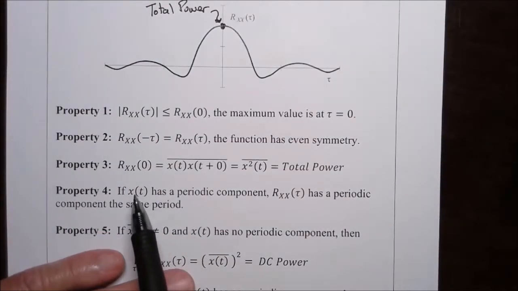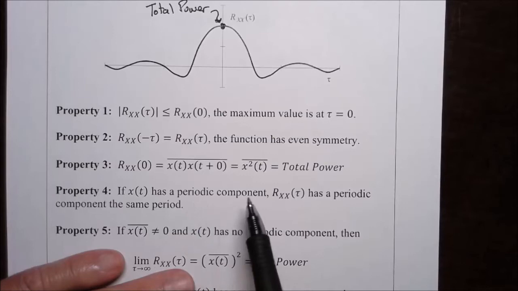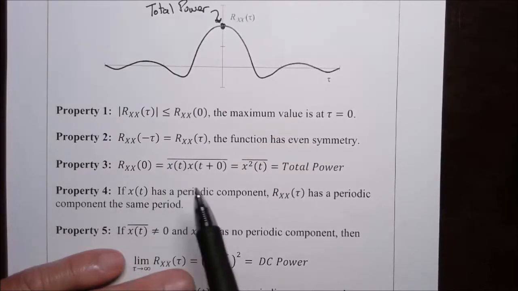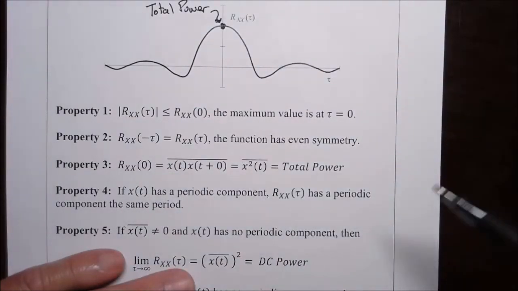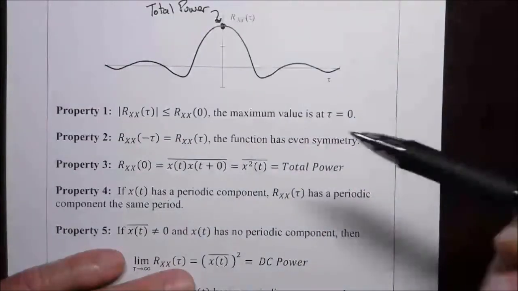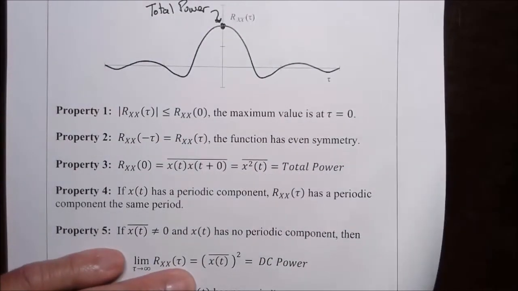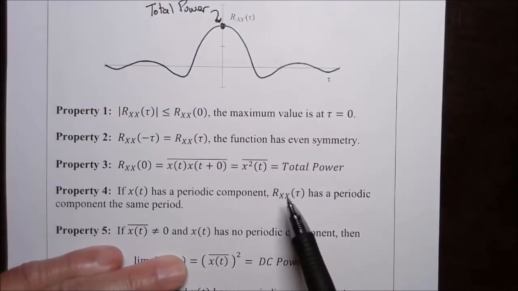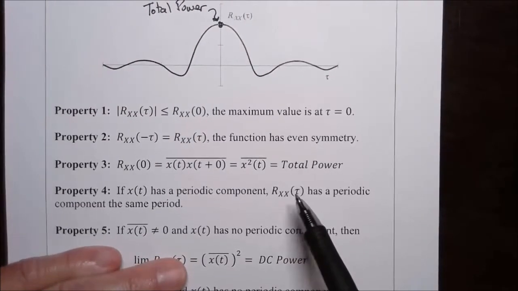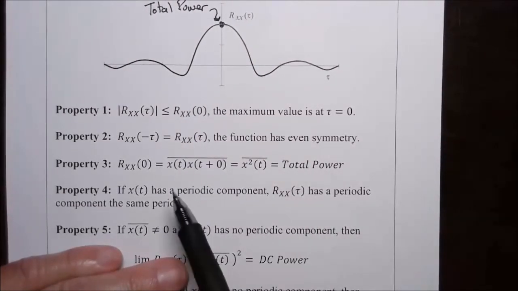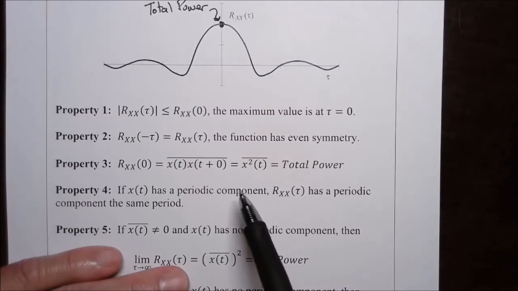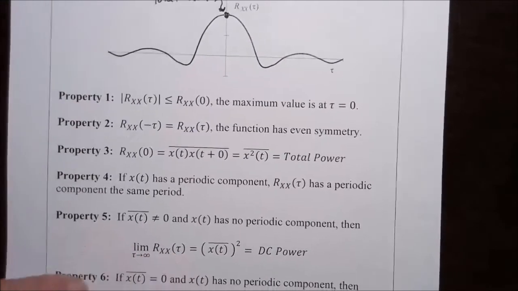If this random signal has a periodic component, so if you had a periodic sine wave, let's say, and on top of that sine wave you have a random signal added to it, then its autocorrelation would also be periodic with the same period as the periodic component in the random signal.